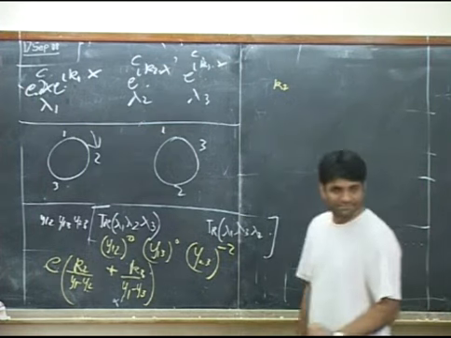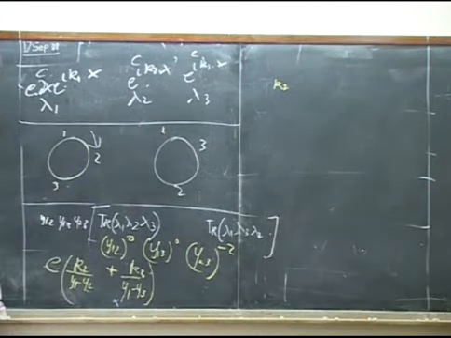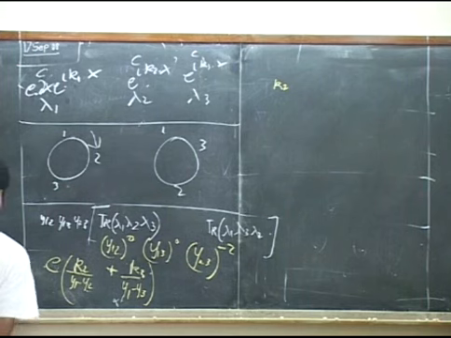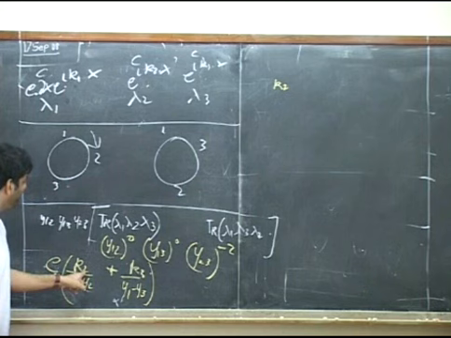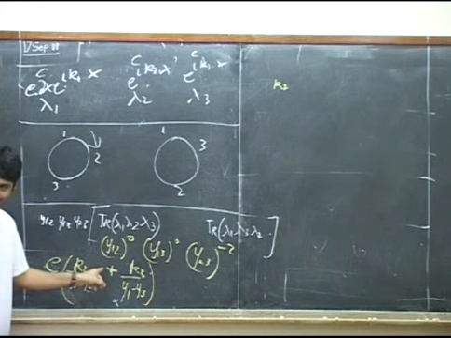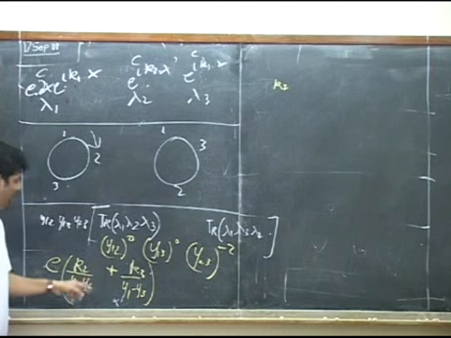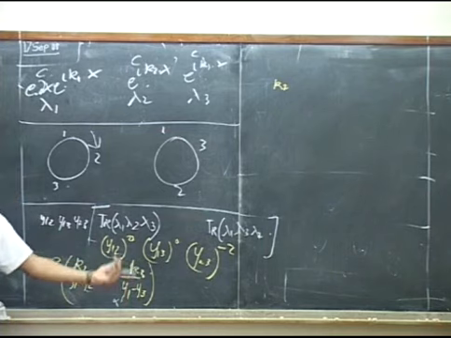Is this clear? Okay? Good. So what we can get from here? Each of these, k2 can be replaced by k2 minus k3 by 2, and k3 can be replaced by k3 minus k2 by 2.